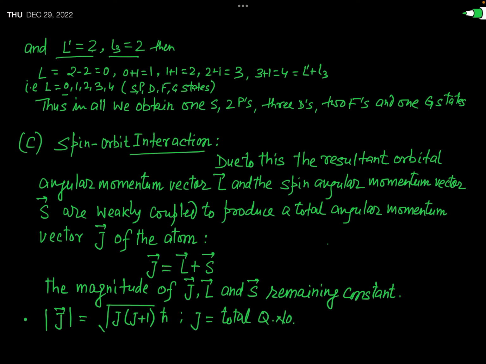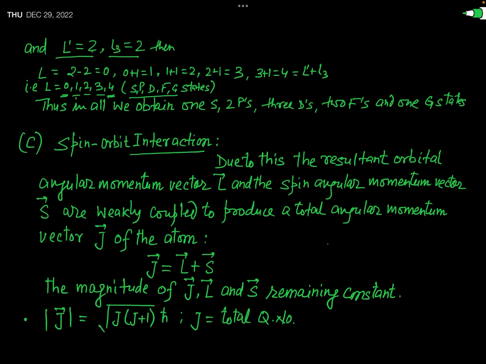Maximum value is 2 plus 2, that is 4. So you have to move from 0 to 4 at a step of 1. The numbers will be 0, 1, 2, 3 and 4, and these are the states S, P, D, F and G.